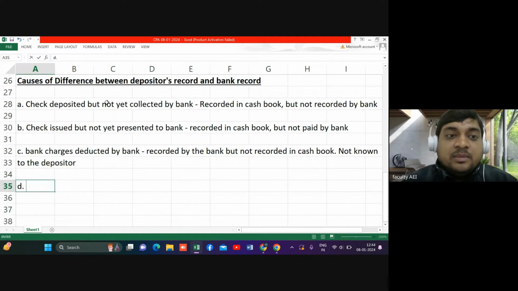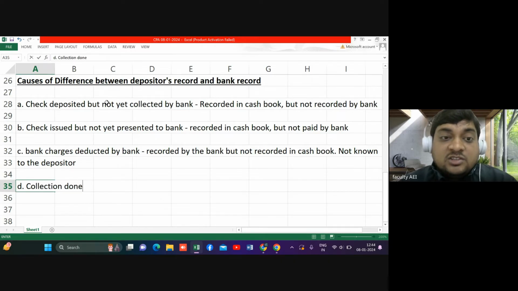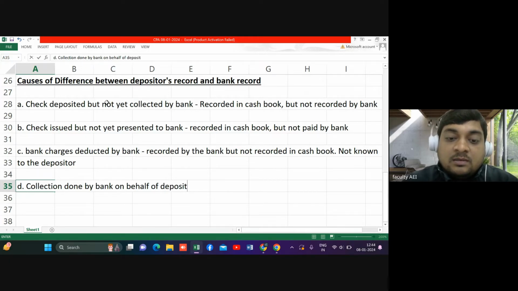And number D, collection done by bank on behalf of depositor.